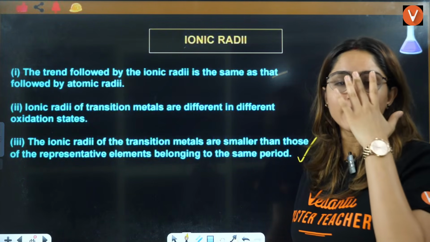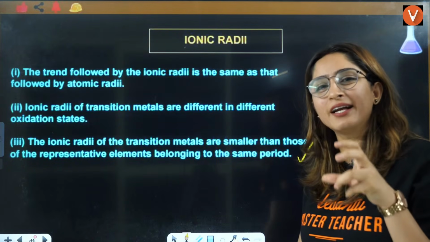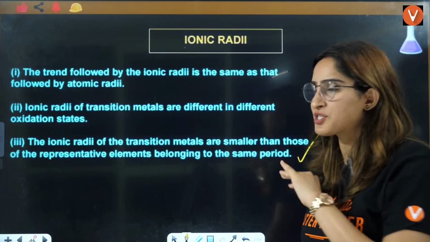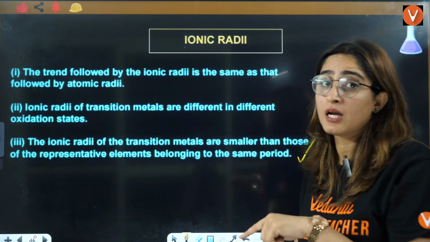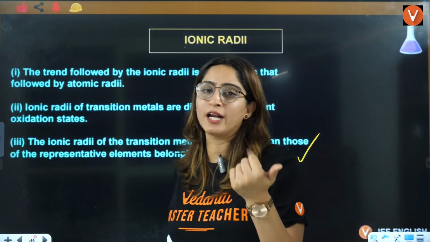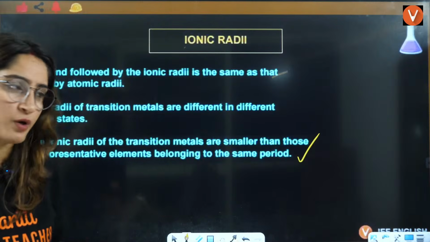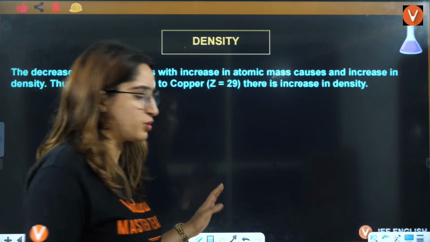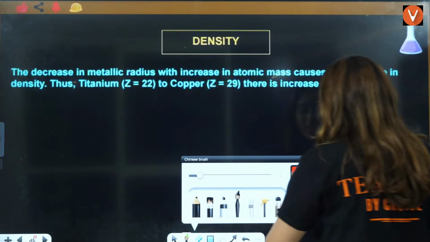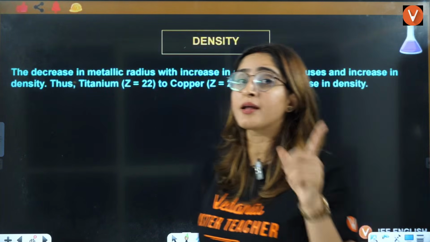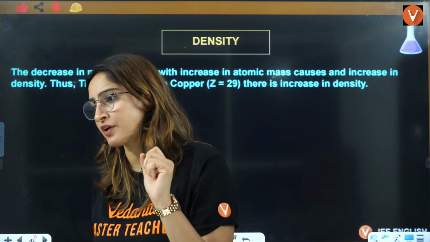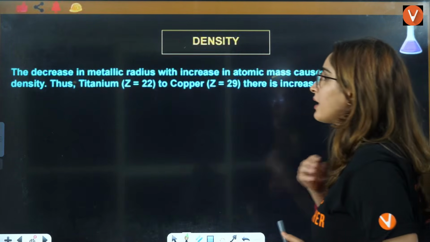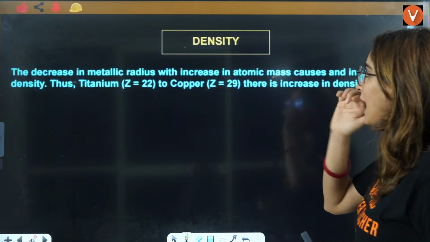We have already done ionic radii in detail in periodic classification; it is more important there than here. Isoelectronic species are important when you talk about periodic classification.